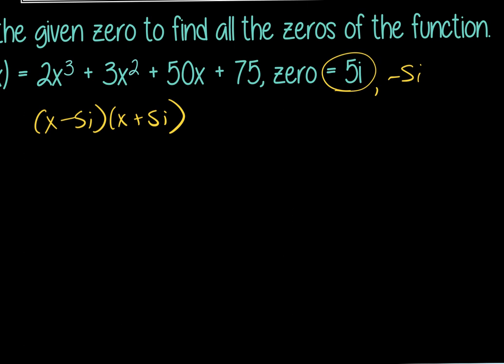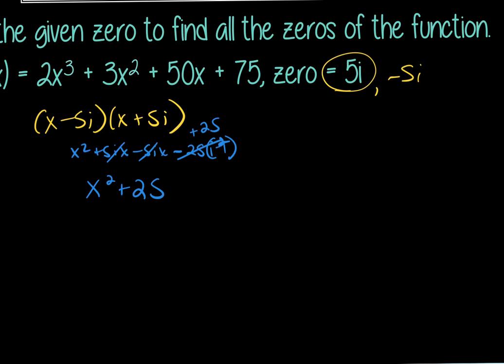The other option is to FOIL it out. x squared plus 5ix minus 5ix minus 25i squared. Middle two cancel out, and i squared becomes negative 1, making this positive 25. So if you remember when we did these with our fractions, the shortcut was a squared plus b squared, same concept, except with your b, you don't take the i.